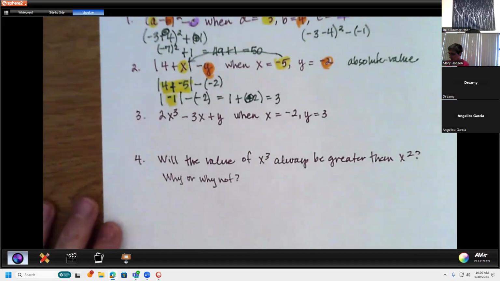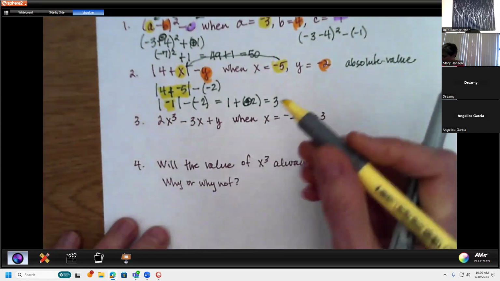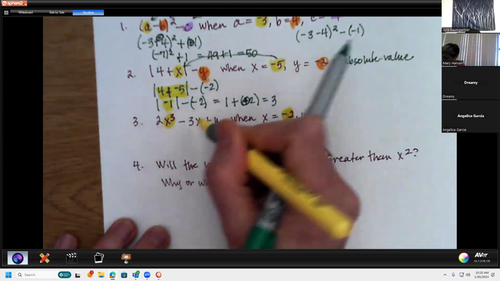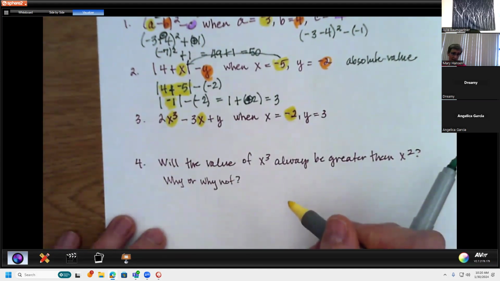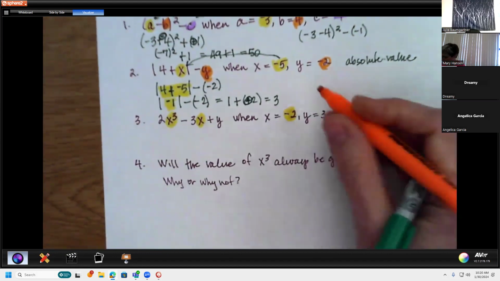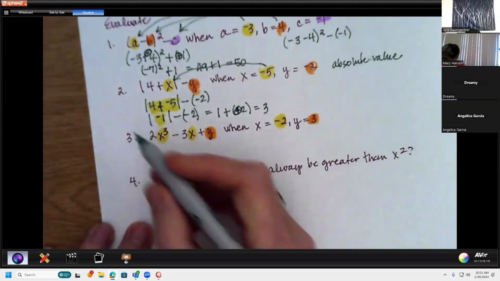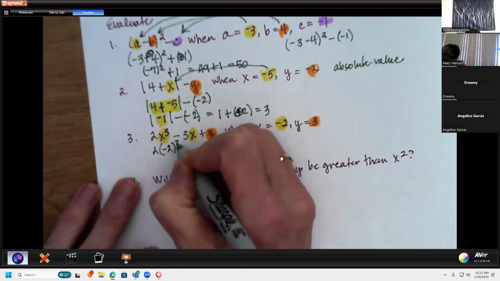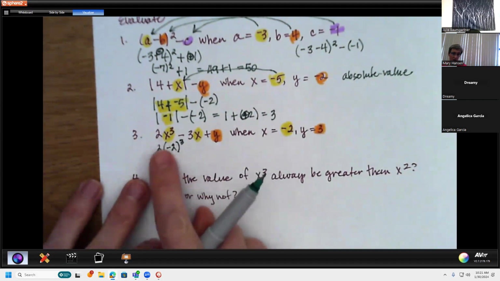All right, number 3. I should have left more space between these because I'm getting kind of crunched up. Okay, so we've got an X and a Y. I'm going to put in -2 for X. And I have an X in 2 places, so I'm going to put -2 in both of those places. And then I'm going to put a 3 in for the Y. So I'm going to have to take -2 and cube it, the whole -2.